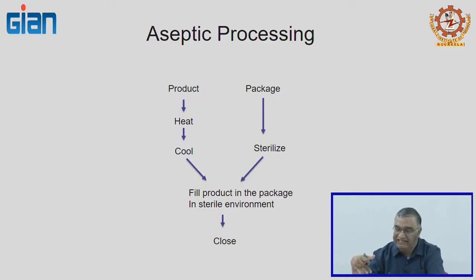Whereas in the case of aseptic processing, it's not a batch process, it is a continuous process. You prepare a soup, then you heat the soup in a heat exchanger. There are a number of heat exchangers, which you may be aware of.